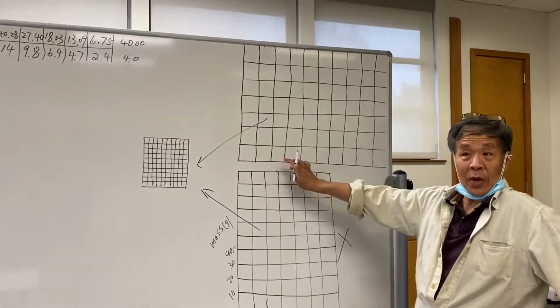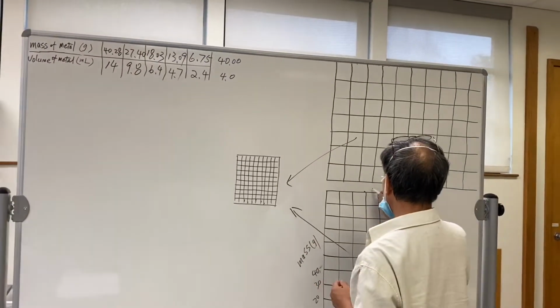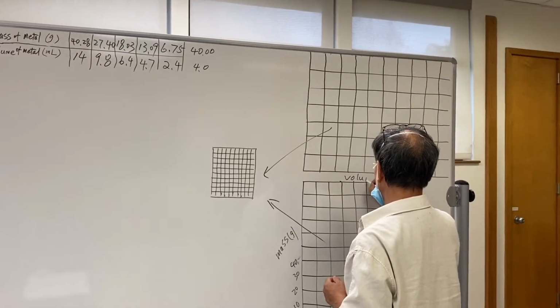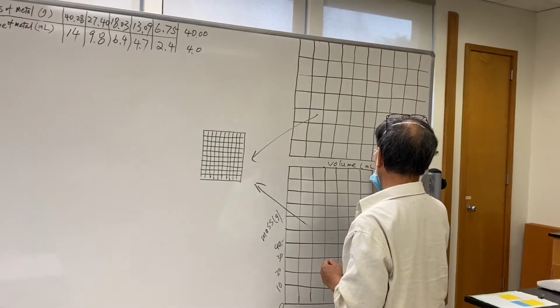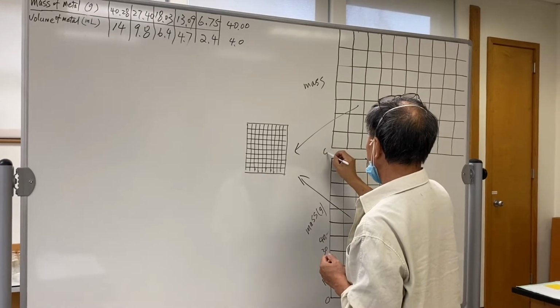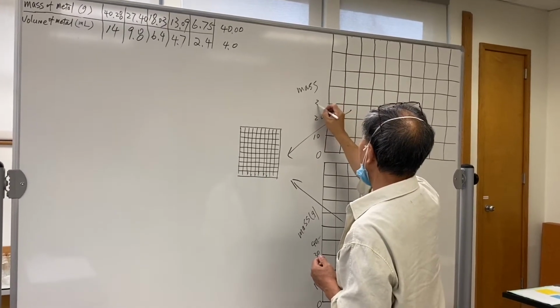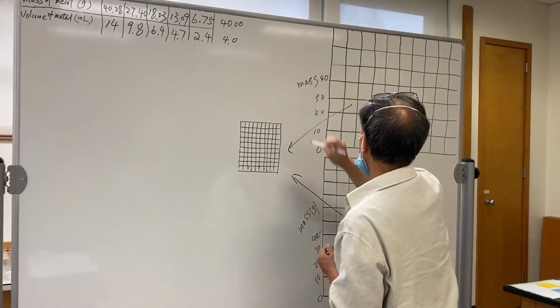Let's do our so-called landscape. Same thing. If this is the volume, and this is the mass, and this is a 0, and then we have a 10 here, 20 here, 30 here, and 40 here.